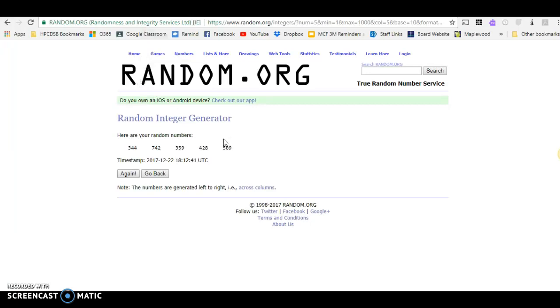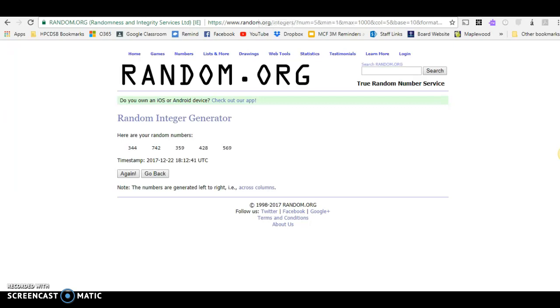So that's how we can use a random number generator to do a simulation, and that is useful when you have a problem where it's not a nice 50-50 chance of something happening, or say a 1 in 6 if you were using a dice. That's a nice example.